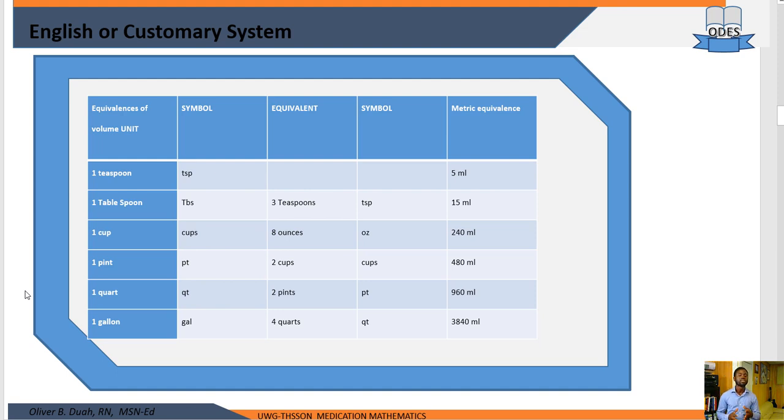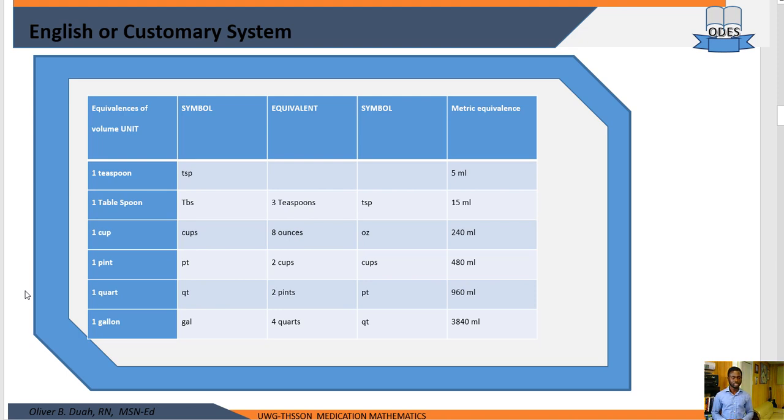Then you have 1 cup, which is equal to 8 ounces, and this is equivalent to 240 milliliters in the metric system. You also have 1 gallon, which is equal to 4 quarts, and this is equivalent to 3,840 milliliters in the metric system.